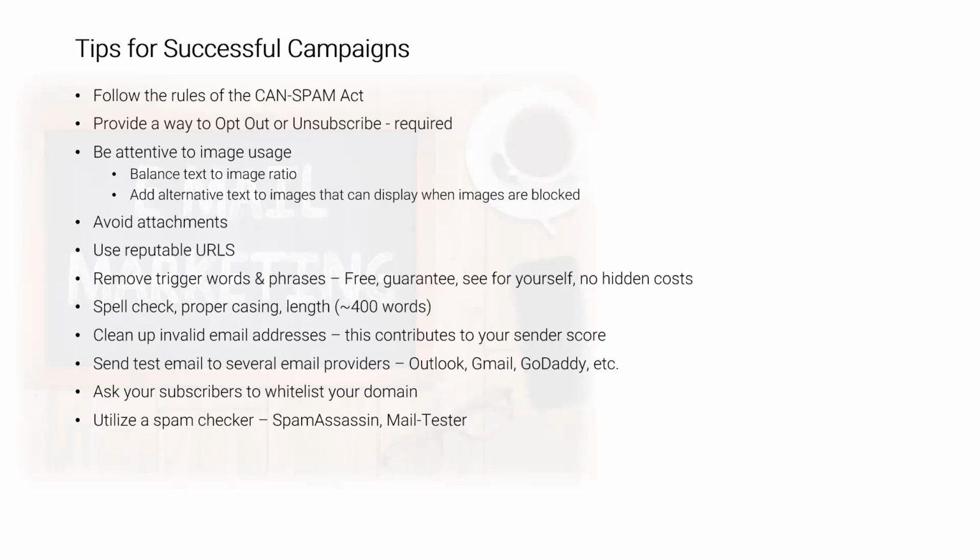But if you have alternative text associated with the picture, that will display, and that will tend to get you through filters more easily than if you don't do that. So read these rules, think about them, look at the things that you're creating, and see what you can do to help yourself be more successful with your emails getting through.